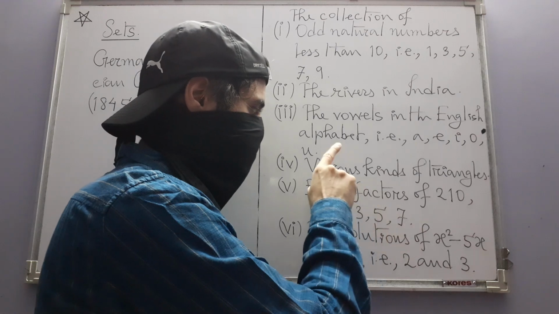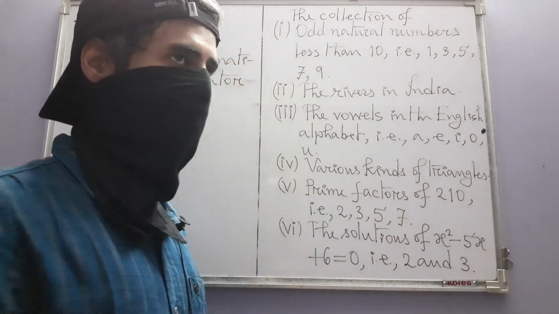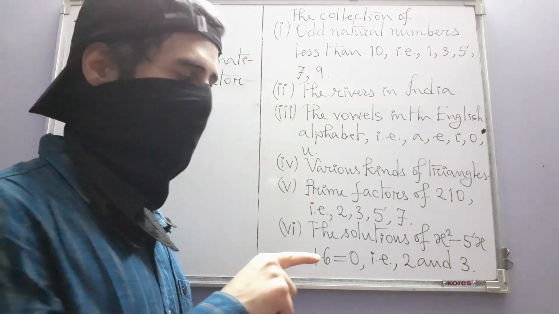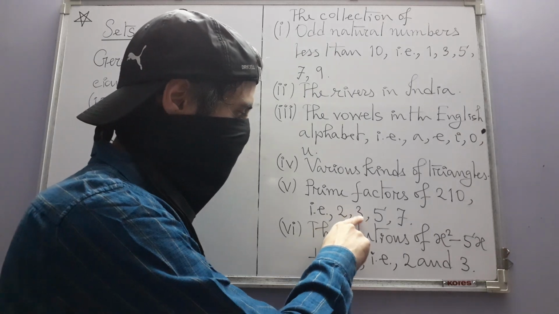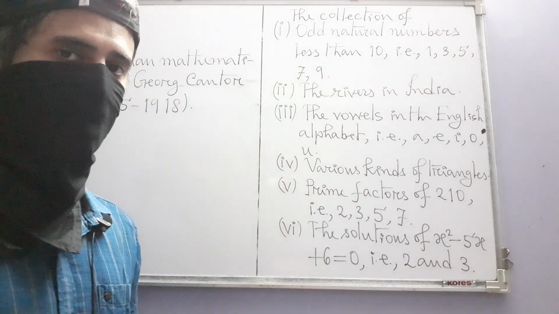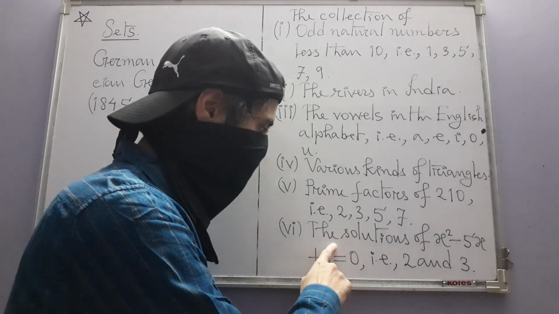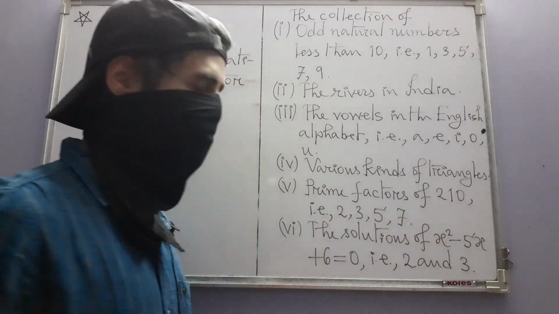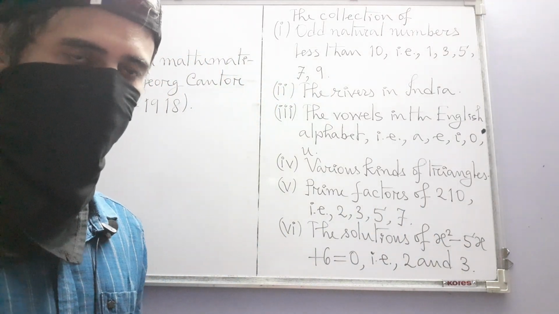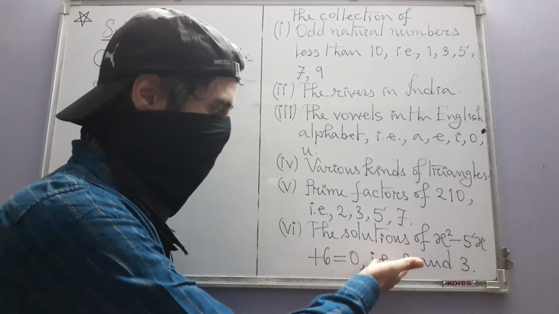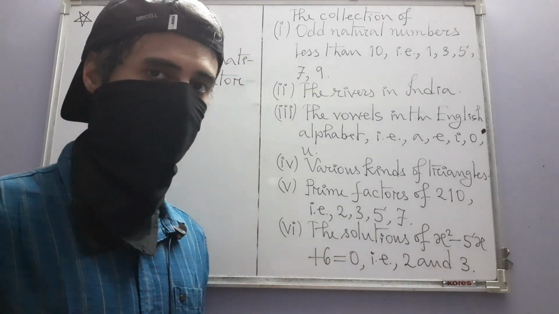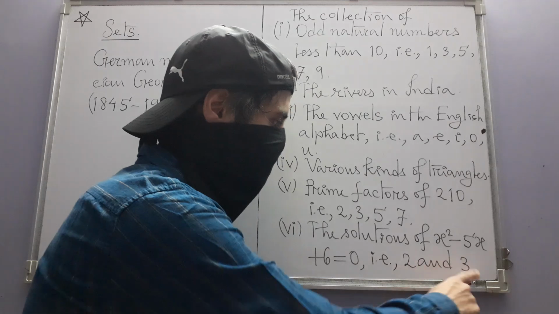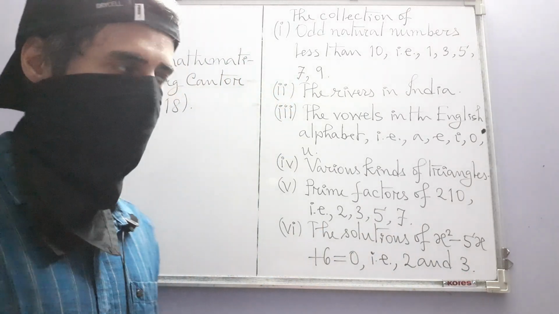Okay, the positive factors of 210 which are prime numbers, and it turns out that they are 2, 3, 5 and 7. And lastly, the collection of the solutions of this quadratic equation x² − 5x + 6 = 0. And if one solves it, one easily sees that the solutions are 2 and 3. So these are the two objects in this collection.